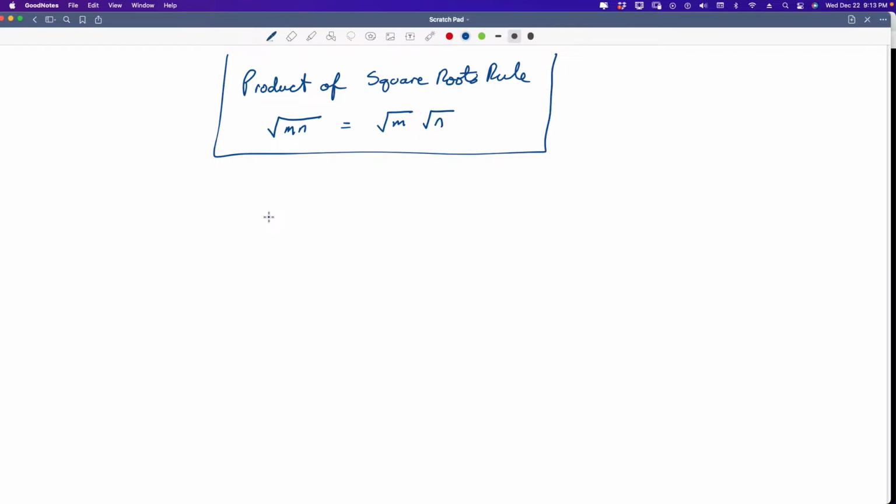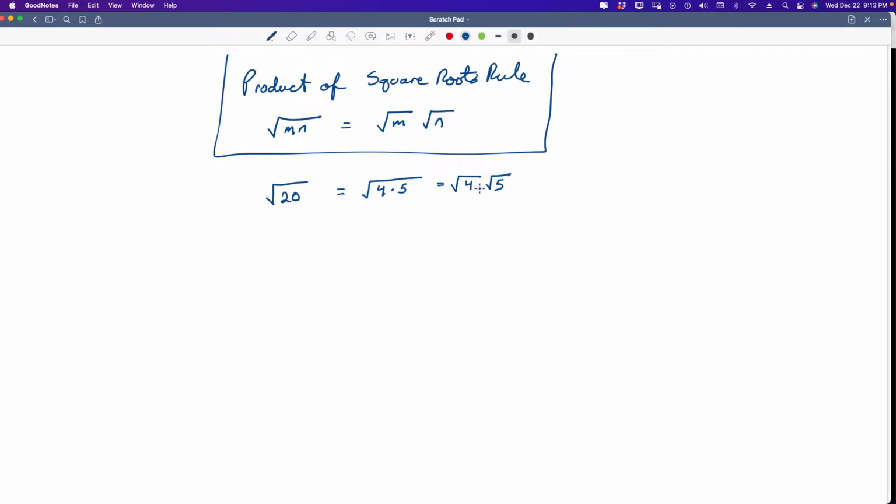What that means is if you have, let's say, the square root of 20, then we can write that as factors, the square root of 4 times 5, so that'd be our m times n, which can be written as the square root of 4 times the square root of 5. Okay?